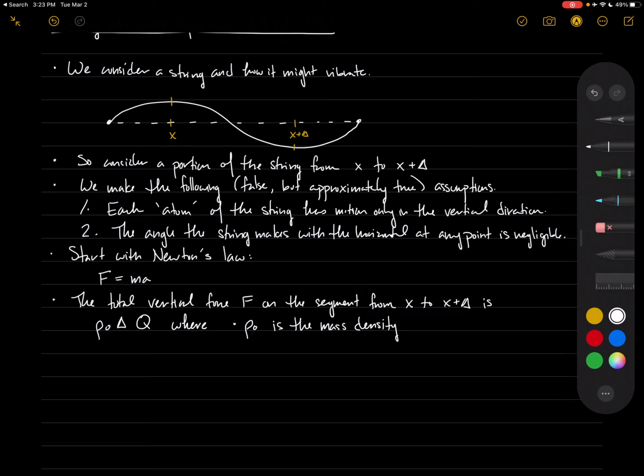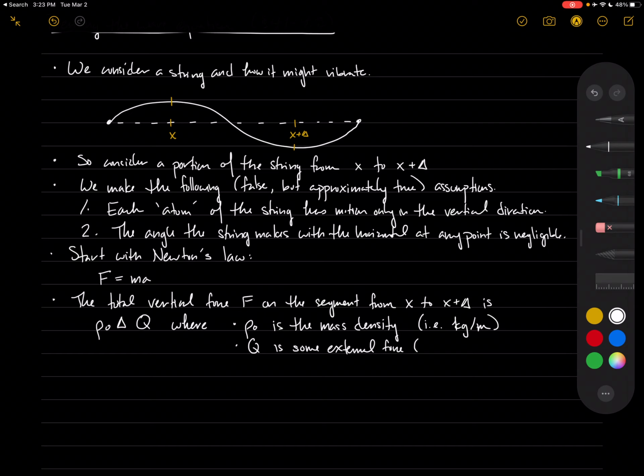So this mass density now is mass per length, not volume. I want to make that very clear, because in terms of units, this would have very different units. It would have something like kilograms per meter. Okay, now Q is some external force.